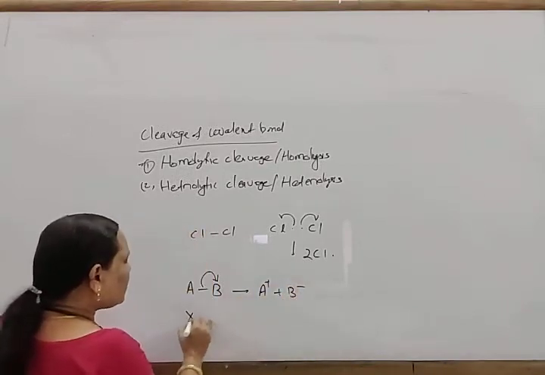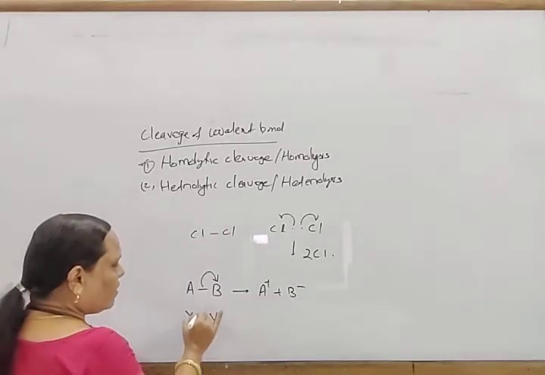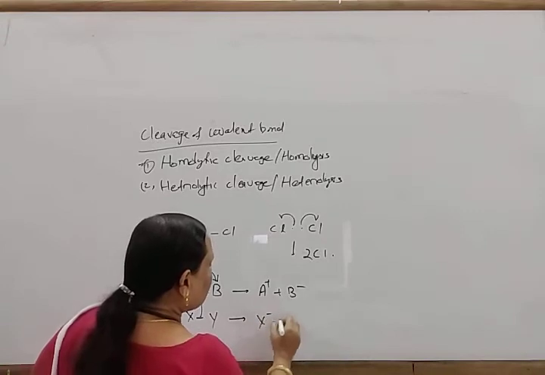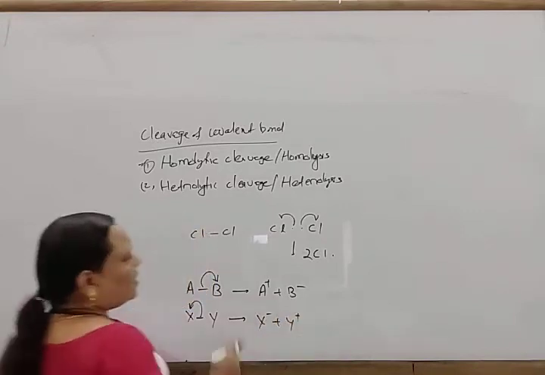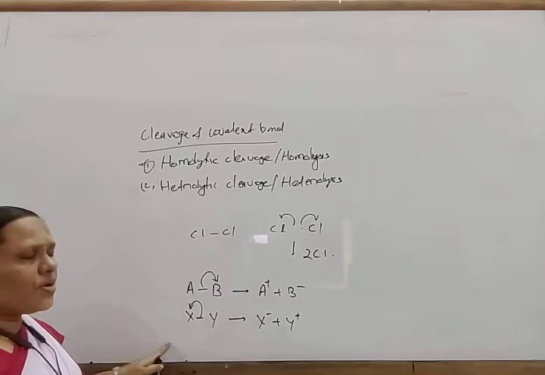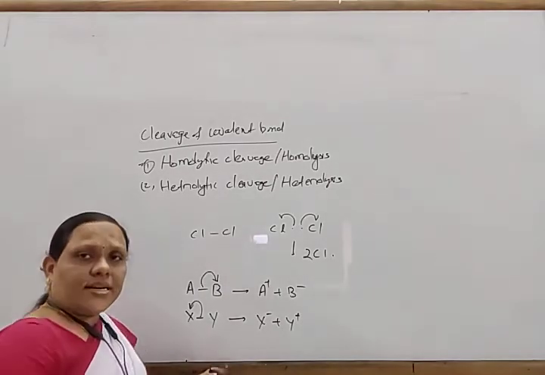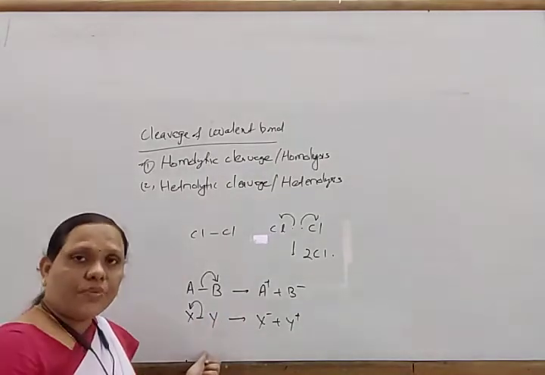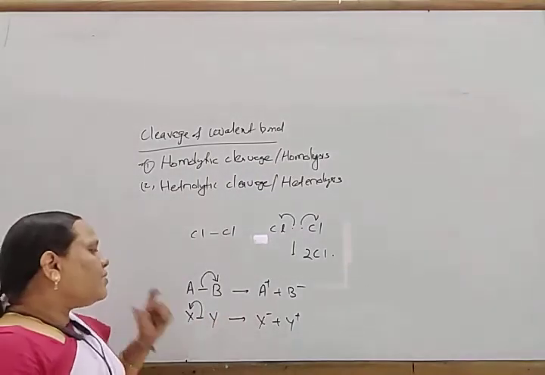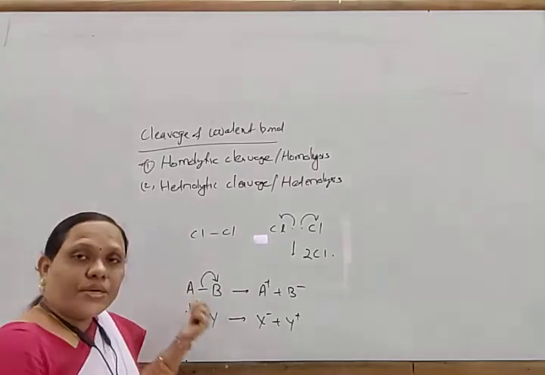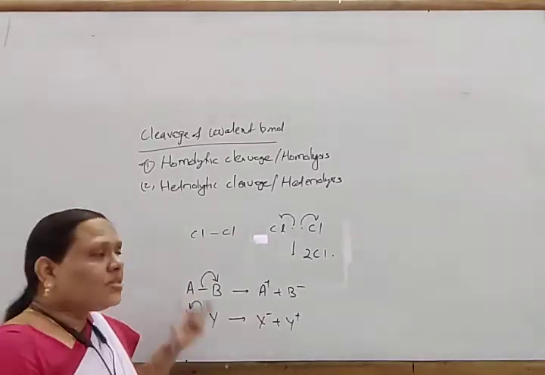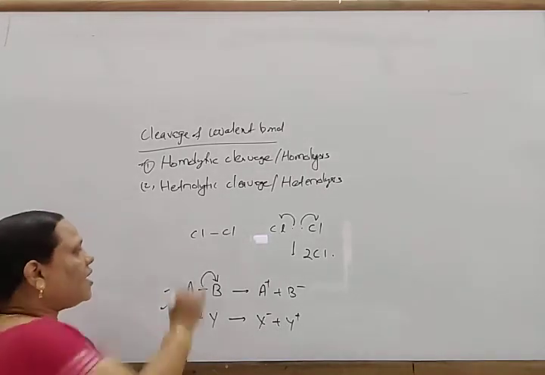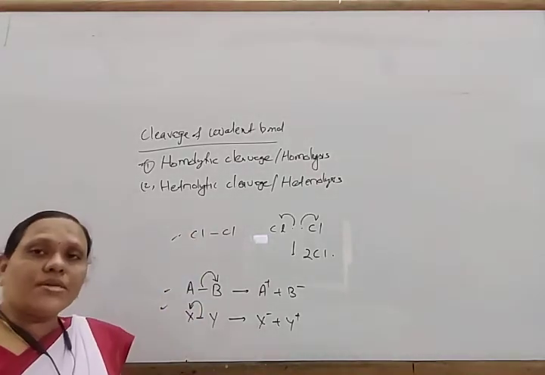Or if there is another molecule XY and the electron pair shifts towards X, we get X minus and Y plus. This type of cleavage is known as heterolytic cleavage because of the unequal distribution of the electron pair between the two atoms. So these two are heterolytic cleavage and the earlier one is homolytic cleavage.